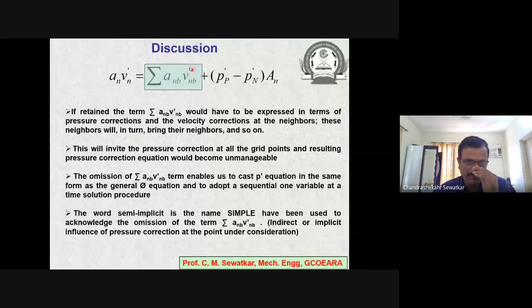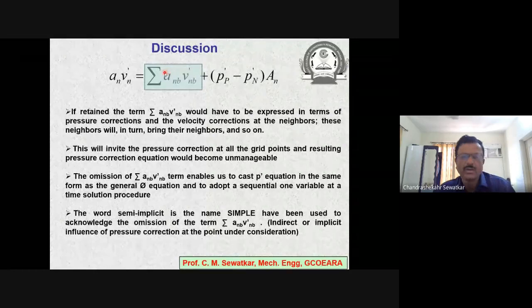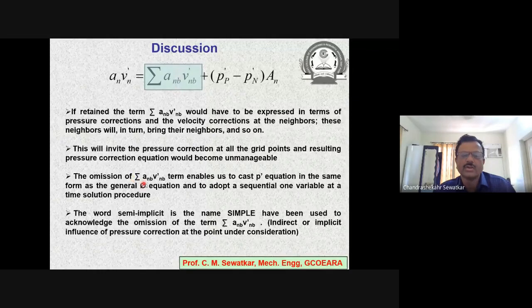Because of this, we omitted this term. The omission of this term enables us to cast the P prime equation in the same form as the general phi equation, and to adopt the sequential, one variable at a time, solution. Otherwise, it would have become really unmanageable.